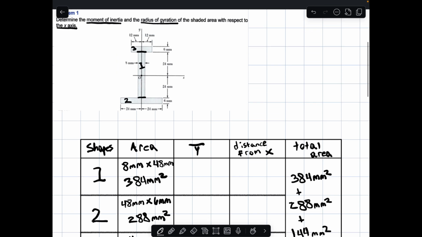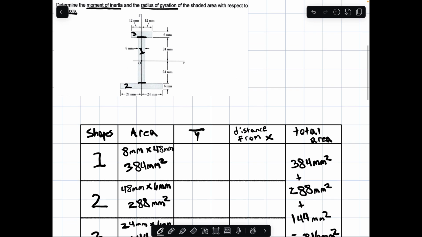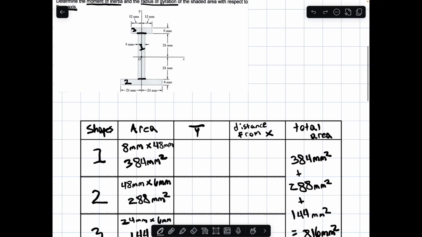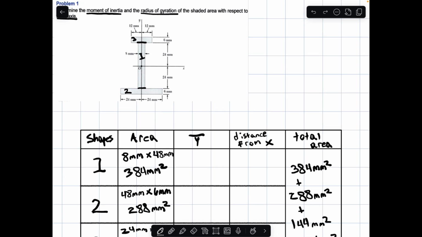Now we need to find the y bar of each shape. So for 1, our y bar from the bottom here will be, looks like, 6 millimeters, because this rectangle doesn't start at the bottom, so we need to add the 6.